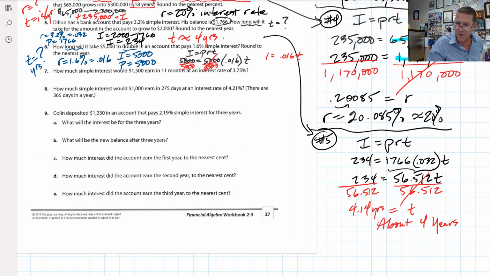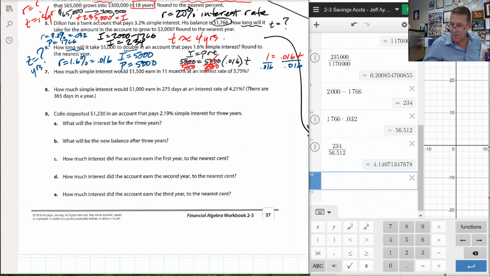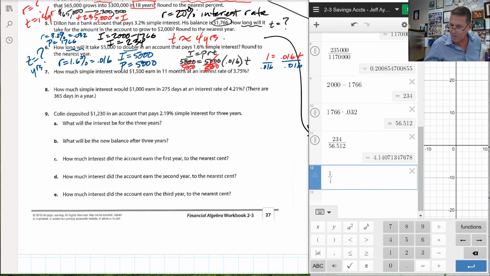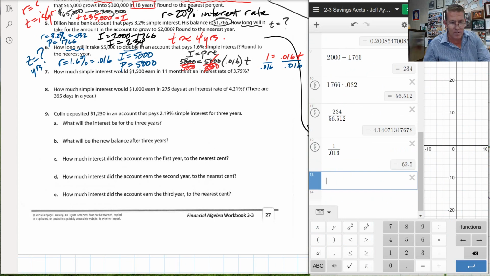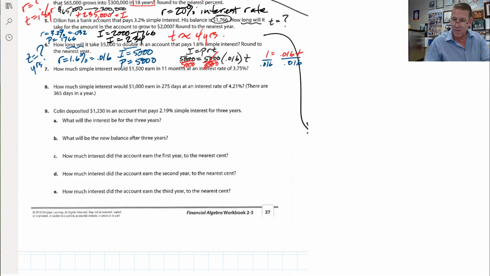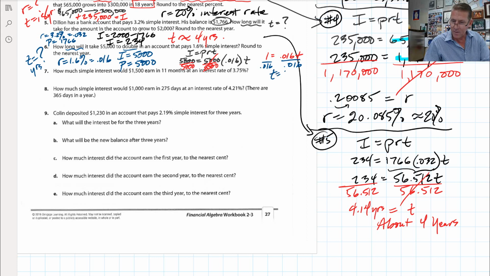So all I have to do is divide by 0.016. 1 divided by 0.016 gives 62.5 years. So t is equal to 62.5 years, and that is number 6.